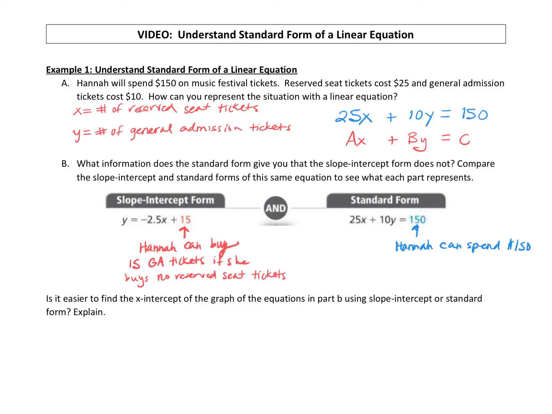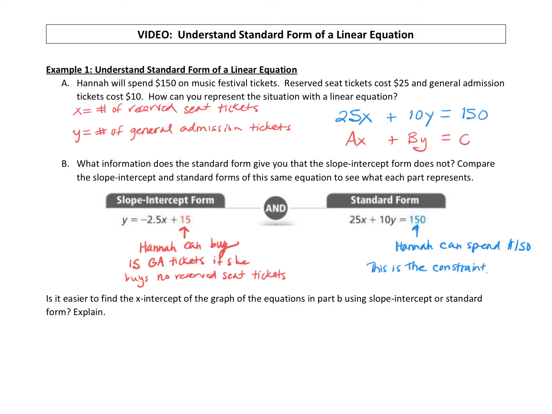This is the constraint. We saw that word in our learning target, and here we're seeing it in our example. So the constraint, her restriction, she can only spend $150. She cannot spend more than that. So that is considered a constraint.